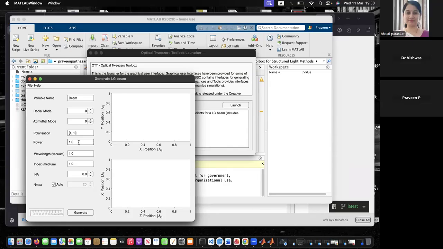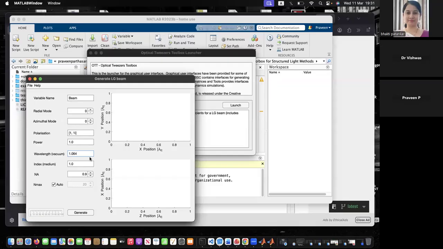Now, the wavelength in vacuum is generally 1064 nanometers. 1064 nanometers is a very special wavelength. It is a near-infrared wavelength. The reason we use this wavelength in experiments is that biological species don't absorb it. They are mostly transparent in that window, in the near to mid infrared.